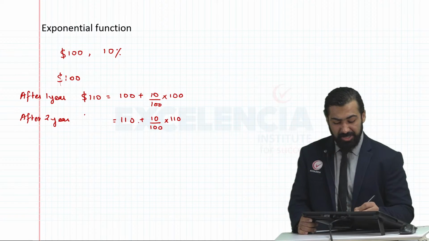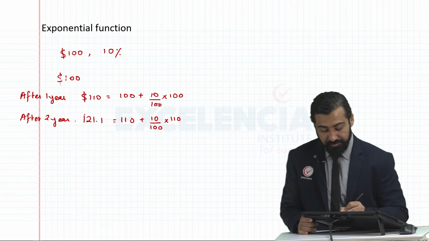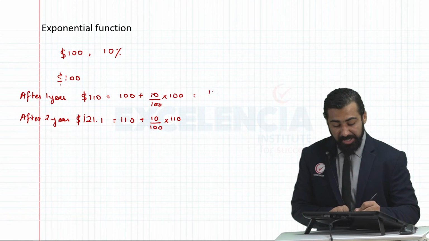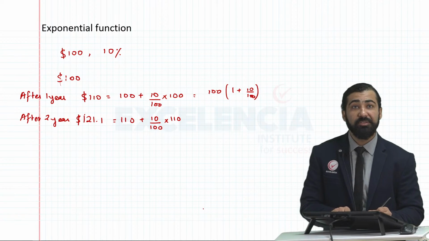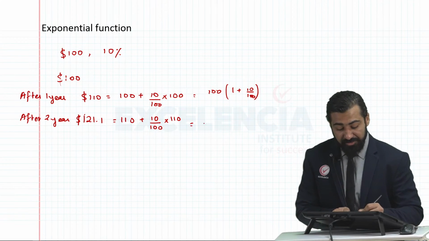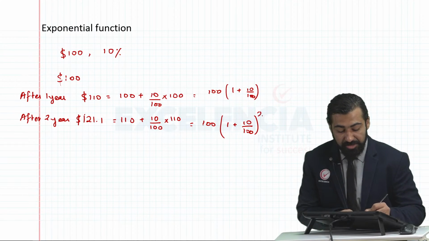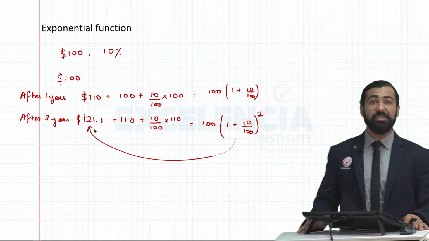So that will come out to be 121, and so on. Now if you observe, this is simply 100 into 1 plus 10% of 100. Okay, this you'd observe can be simplified to 100 into 1 plus 10% to the power 2, and so on. The same amount you'll get when you do the calculation.